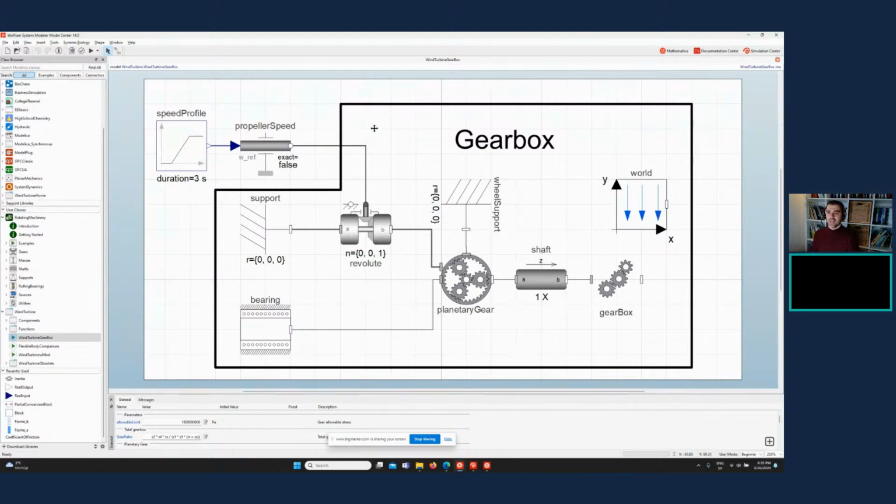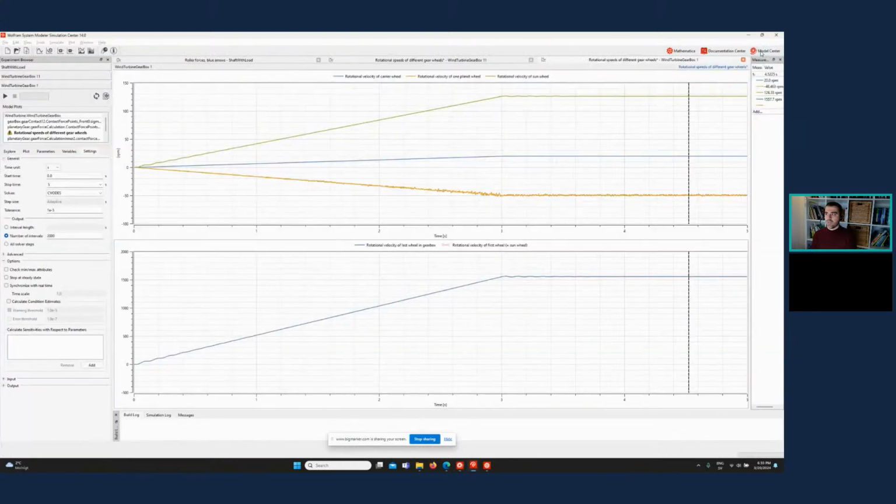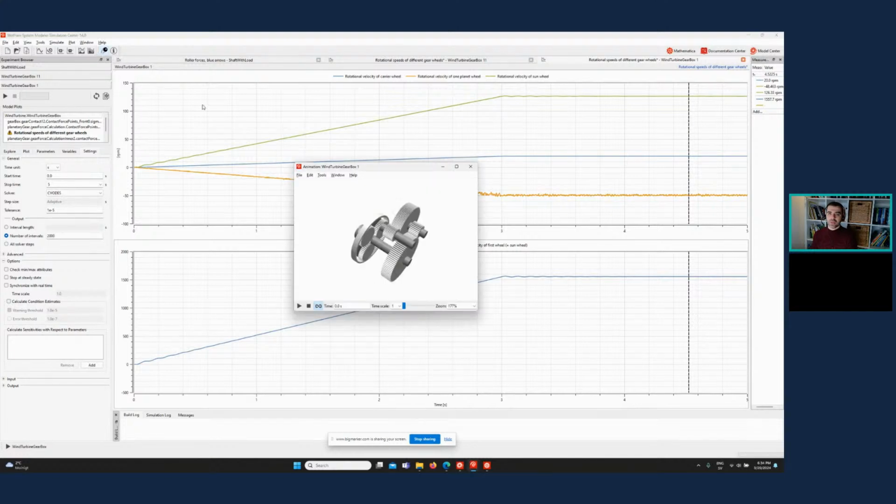Here we are looking at our gearbox model, which we modeled using Rotating Machinery. We have our gearbox planetary gear, and we run the simulation, which I already ran. We get this simulation center with the results, and when we run it, here we have the animations.